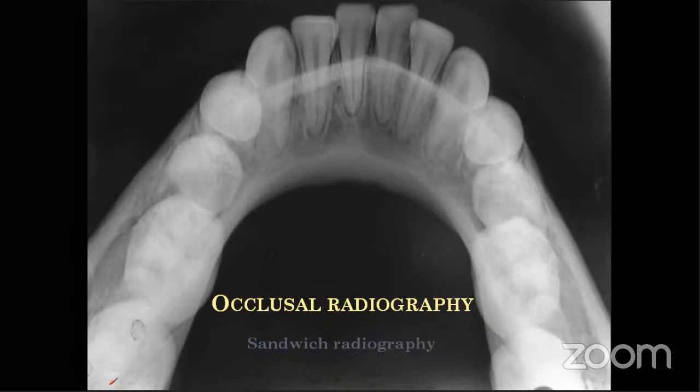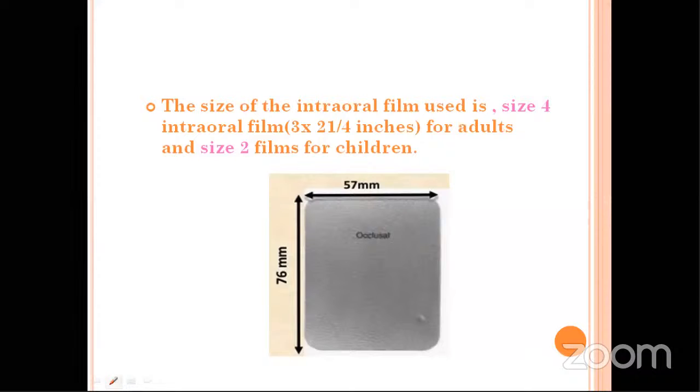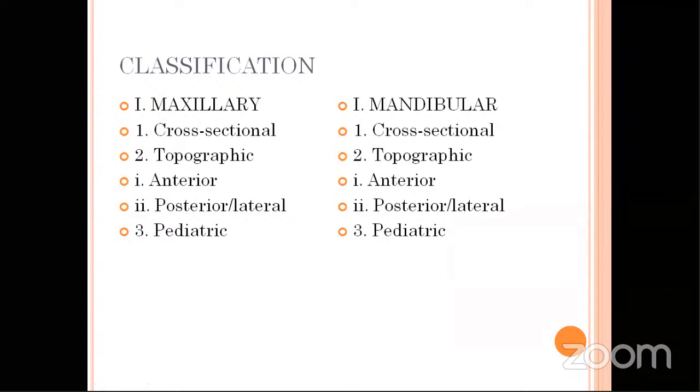The other name is sandwich technique. This is the film which is used, and this is the raised dot opposite to the tube head. It is taken in the maxillary and the mandibular arches, and depending upon the lesion we can place it in the central part, the lateral part, or the anterior part.